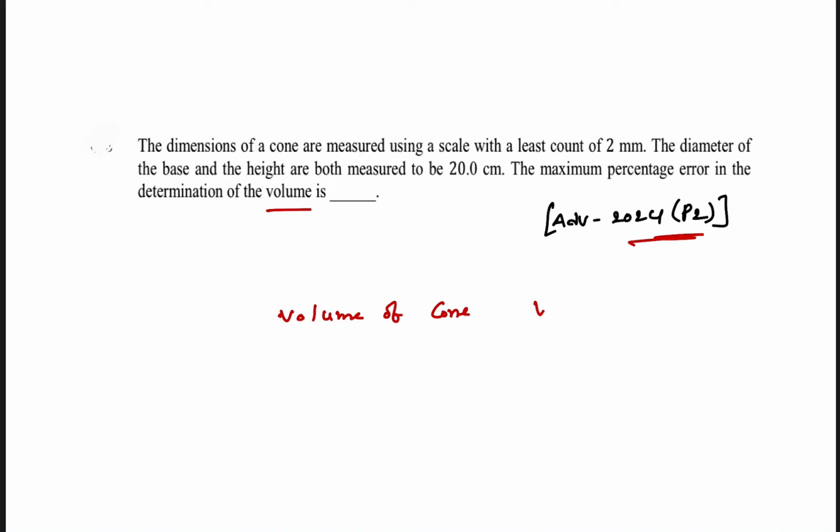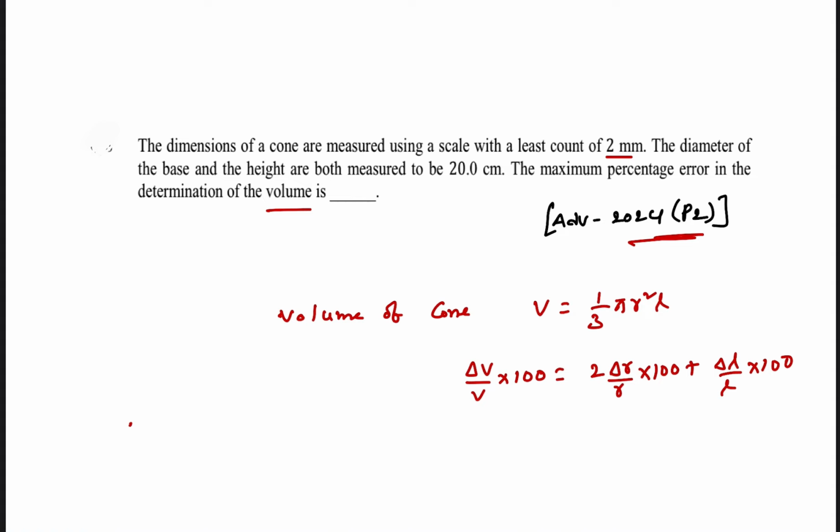The maximum percentage error in determination of the volume is how much? Volume of cone, we can write V is equal to 1/3 pi r square into L. The maximum percentage error in volume, delta V by V into 100, is equal to 2 into delta R by R into 100 plus delta L by L into 100.